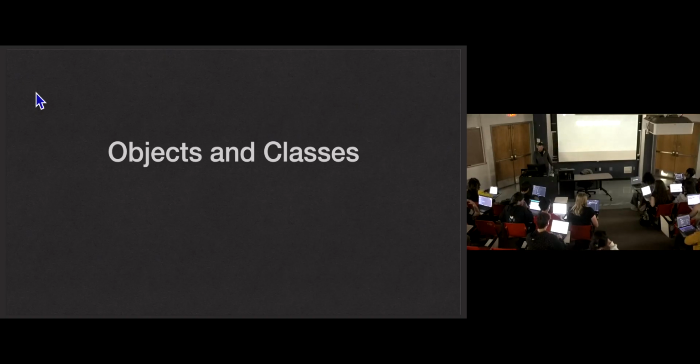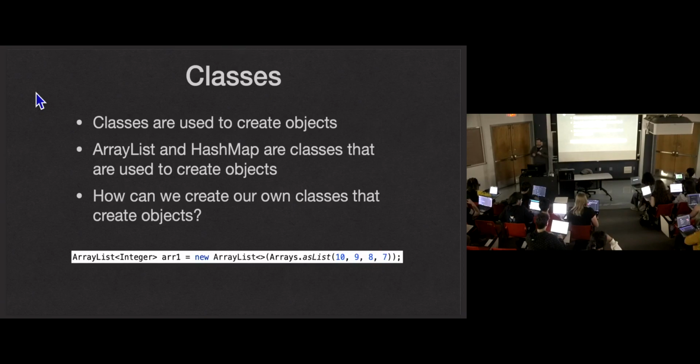So objects and classes. Classes are used to create objects. Now, we haven't used classes for this yet. We used classes just to be a collection of methods, and they were all static methods. But then I introduced the array list class and the hash map class, and I said, hey, look, with array list, we can create a new array list using this syntax.